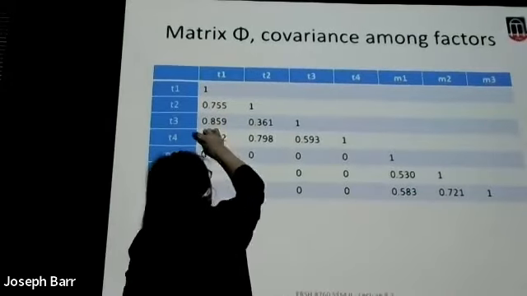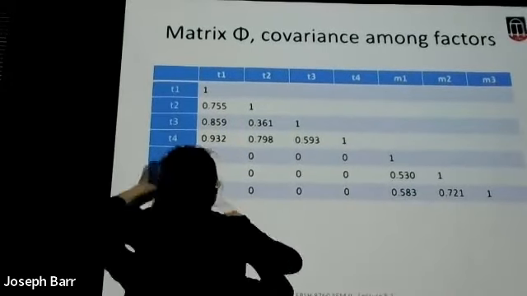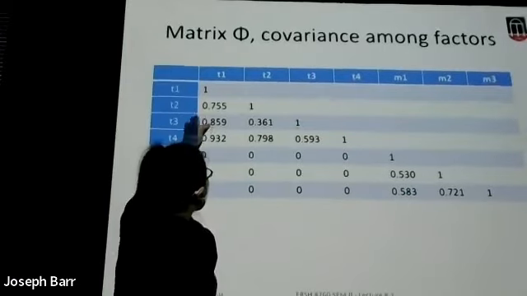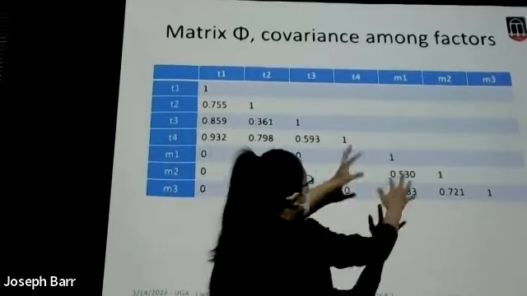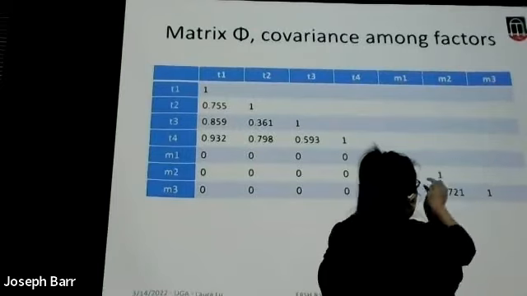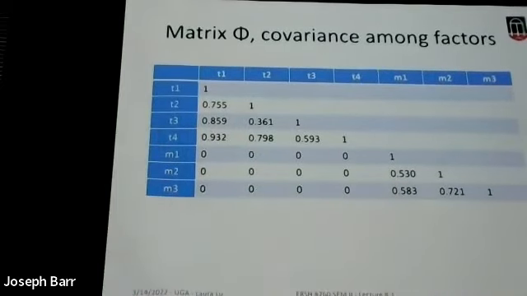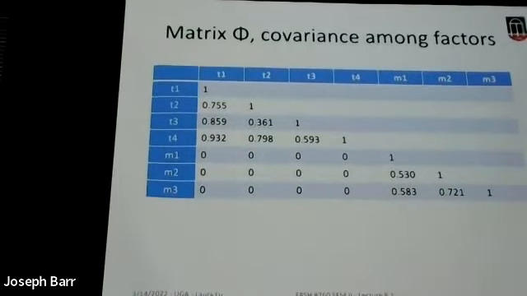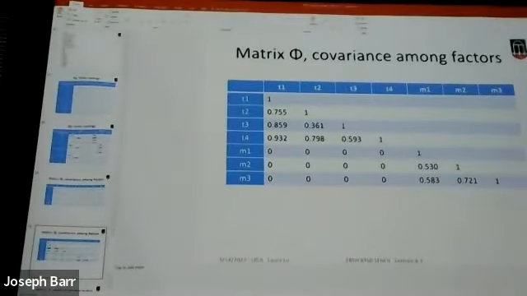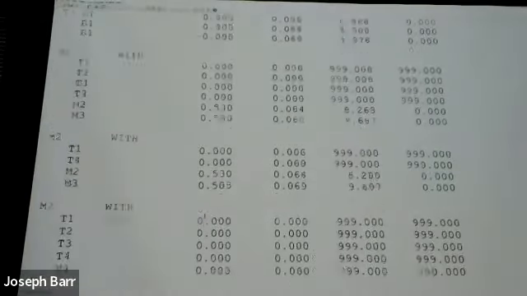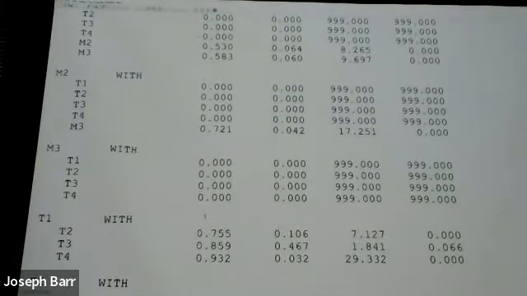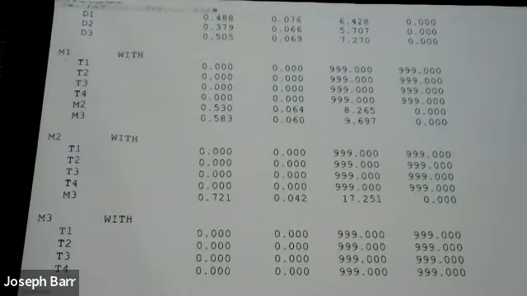But within traits, we do have some covariances. Within methods, we have some covariances. How to obtain those numbers? It's also here. Latent factor M1 with M2, M3.